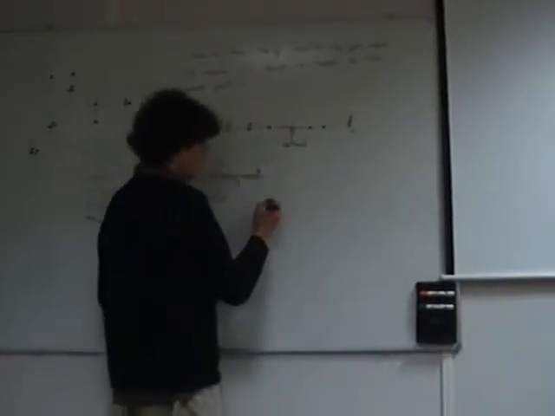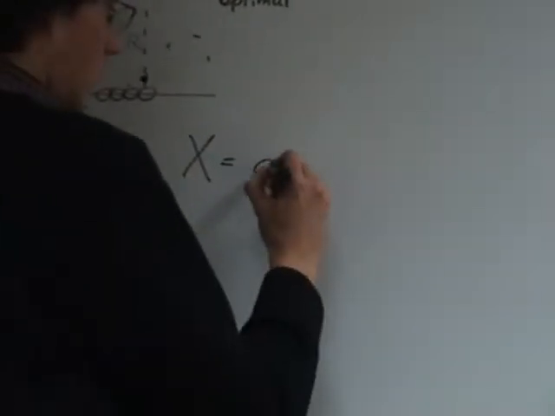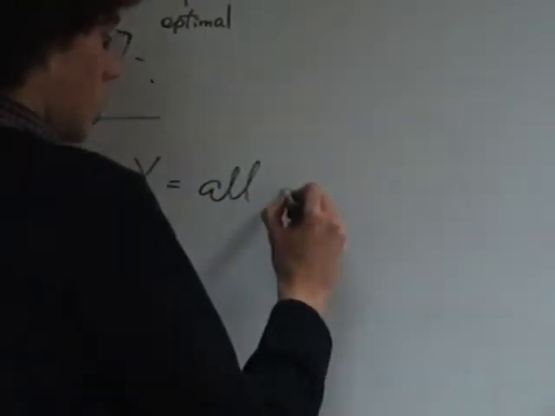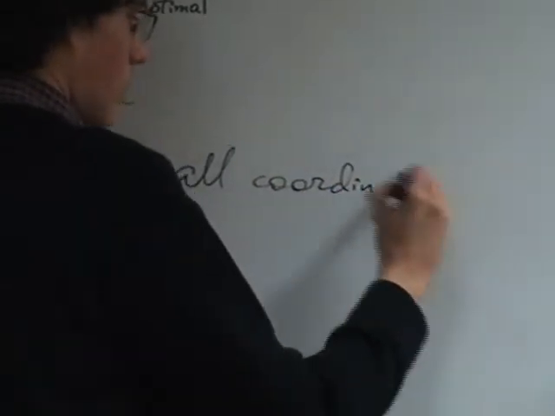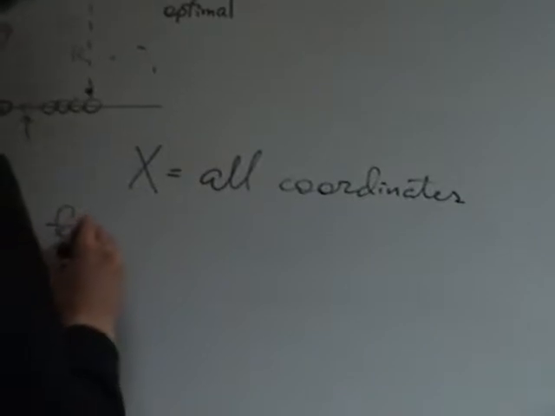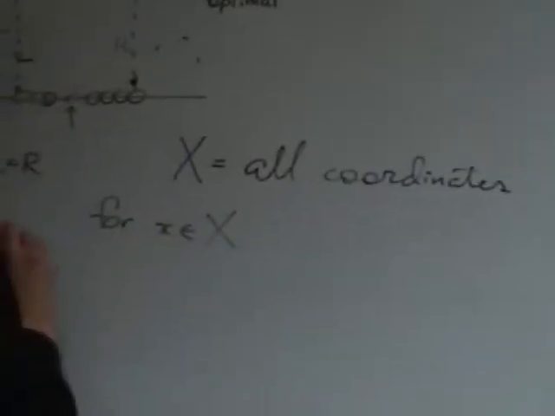You say that X, you define the set of all coordinates of beads, and you say that for x in X, find the minimum.